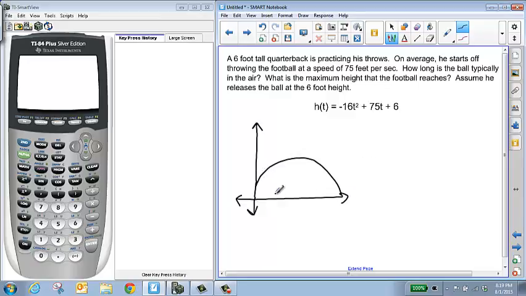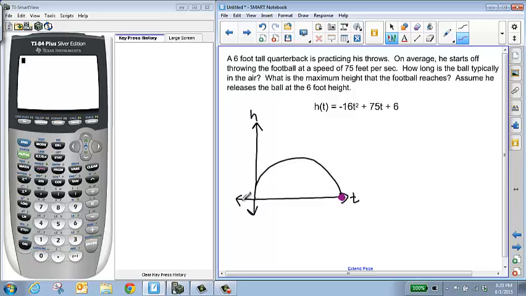Since this is time and this is height, if this represents the starting point where he throws the football, it's in the air, in the air, and then finally when it comes back down to a height of 0, it's hit the ground. So this whole span is going to represent how long the ball is in the air. So we want to find this point here.